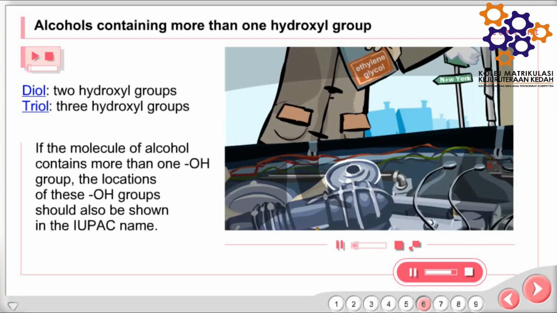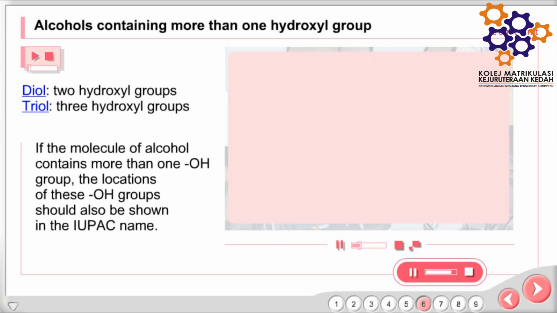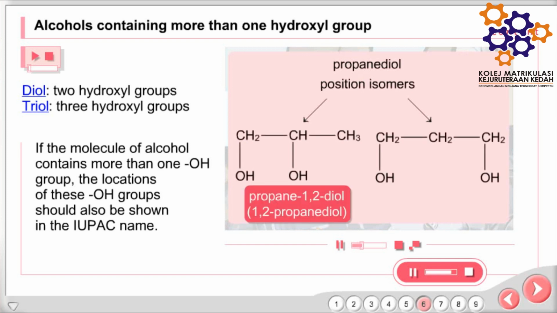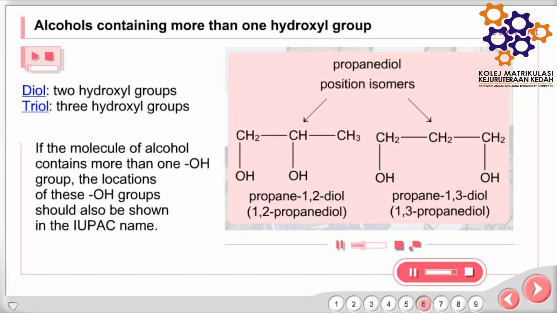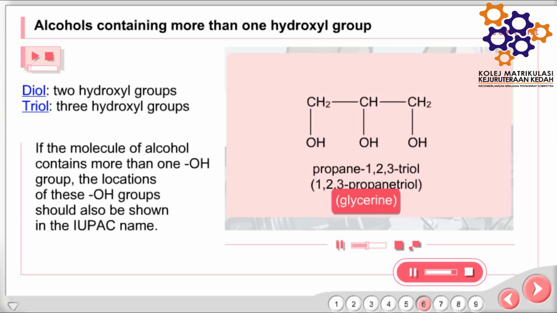It is widely used as a component of antifreeze fluids for automobile radiators. There are 2 positional isomers of propanediol, propane-1,2-diol and propane-1,3-diol. Propane-1,2,3-triol is better known as glycerine. It is an important constituent of natural fats.